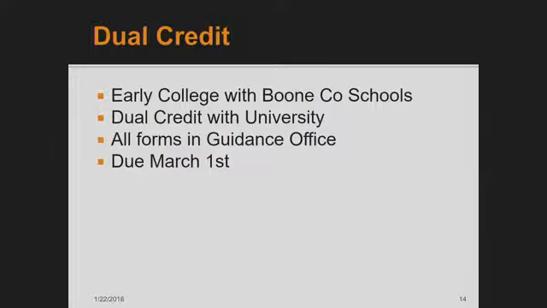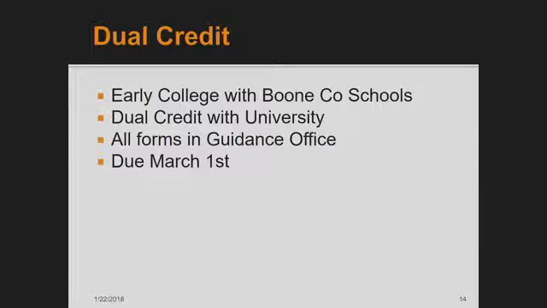Let's discuss another option for junior and senior students. Dual credit is an opportunity that students have to take college credit and have it count toward high school credit. Students have a couple different options if they want to pursue this. The first is the early college program within the Boone County schools. In this program, students will take classes at the Gateway Community Technical College Mount Zion campus.